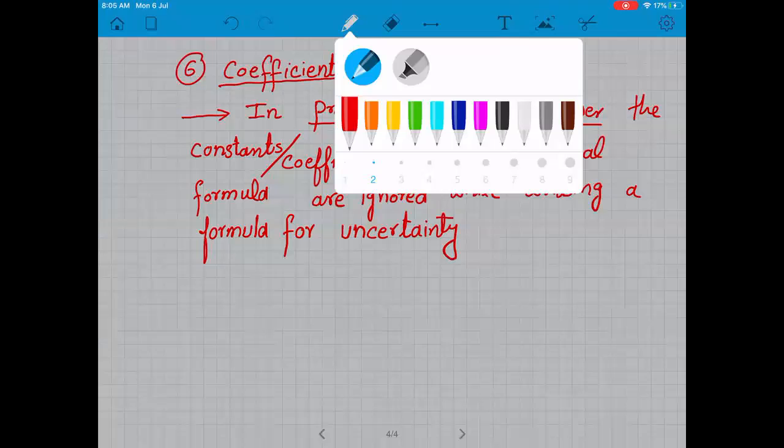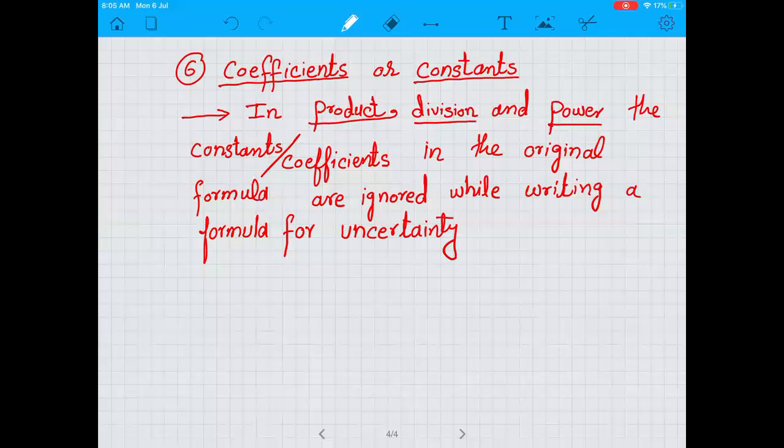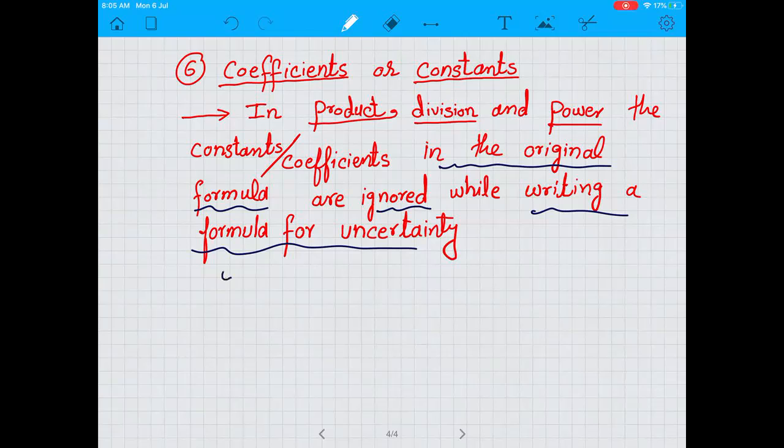So whenever you write a formula for uncertainty, the coefficients in the original formula are ignored. So this is the main principle. Let's suppose you have x equal to 3 times AB.